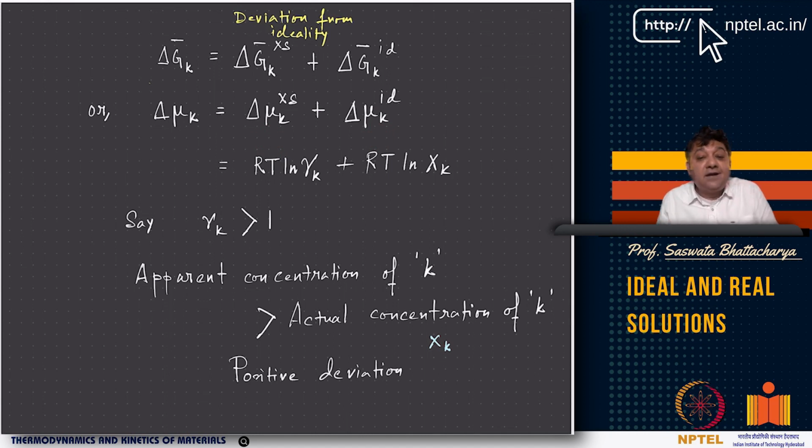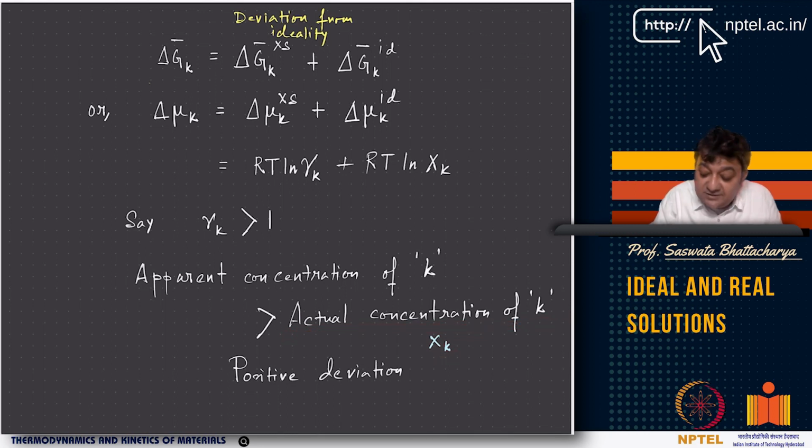Now if gamma k is greater than 1, then RT ln gamma k is positive, right? So we can say the apparent concentration of component k, which you can think of as ak, gamma k xk, is greater than the actual concentration of component k, that is xk.